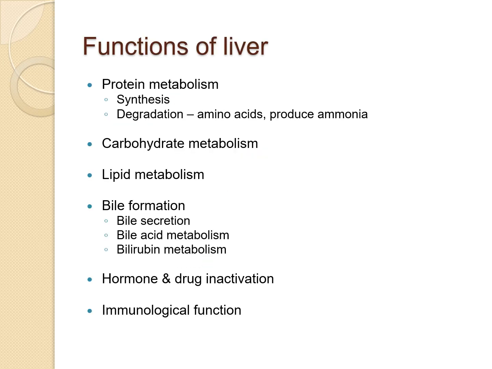The main function of the liver is metabolism of carbohydrate, fat, and protein; secretion of bile, bile salts, and bilirubin; drug and toxin handling; production of albumin and coagulation factors; storage of vitamins and carbohydrates; and detoxification of ammonia and toxins.